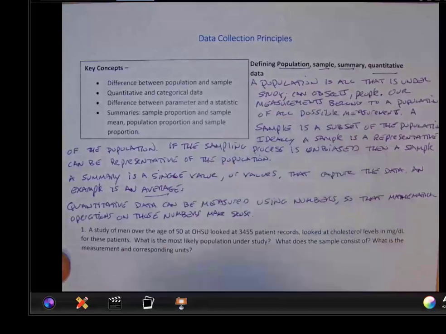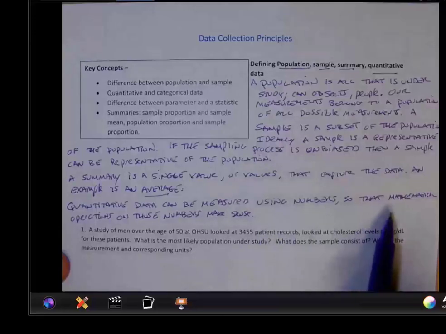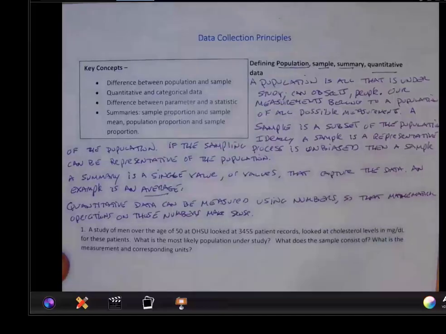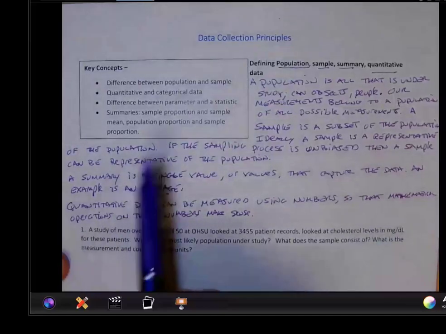For example, if I looked at your zip code, like where do you live? Well, that is a form of data, but I can't add individual zip codes. It makes no sense to divide zip codes. They're numbers, but mathematical operations make no sense on those. Okay, so that's quantitative data.